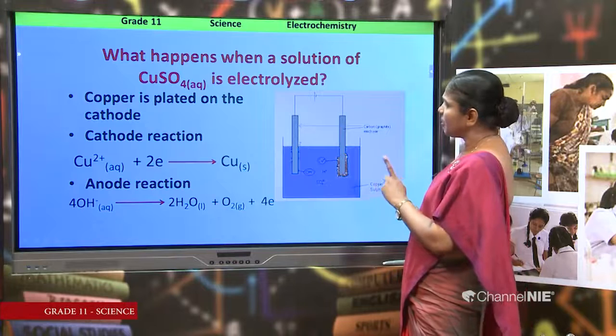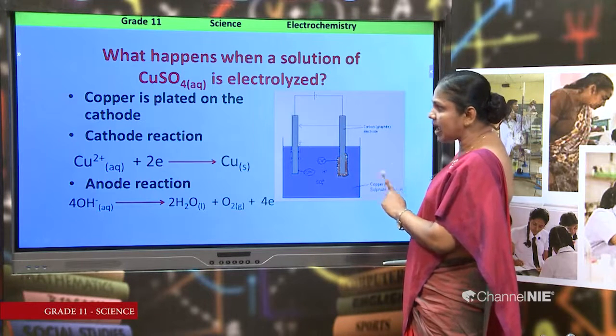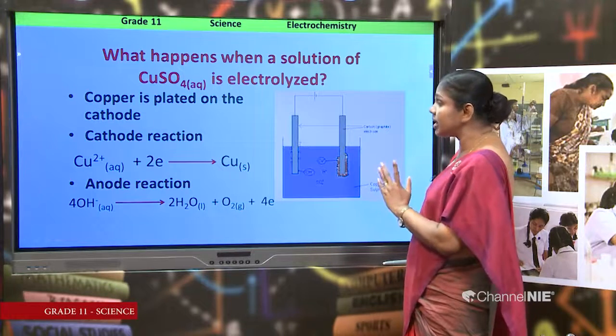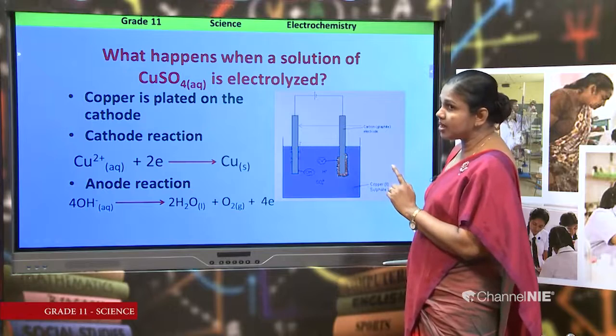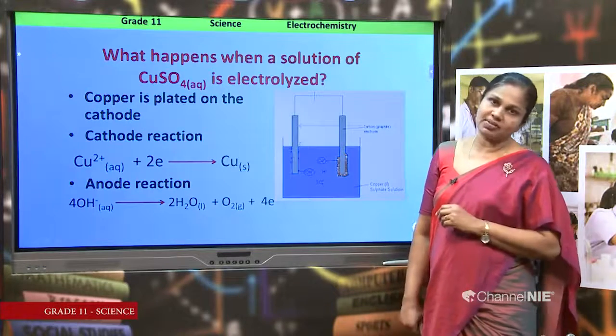That's why we observe the cathode turns reddish brown color, because of the formation of the copper metal there.